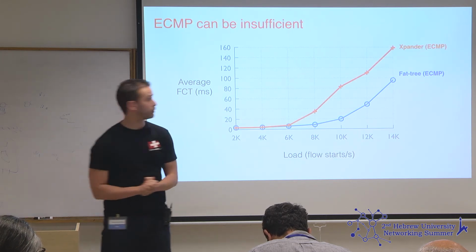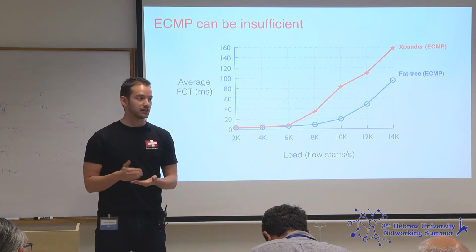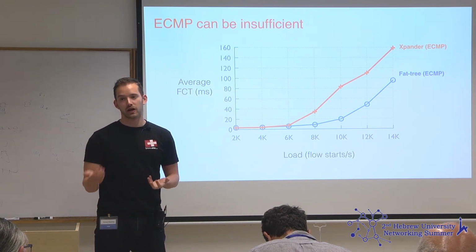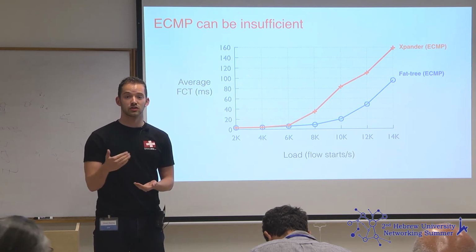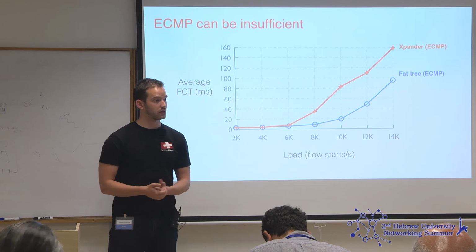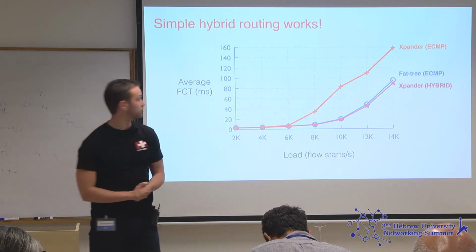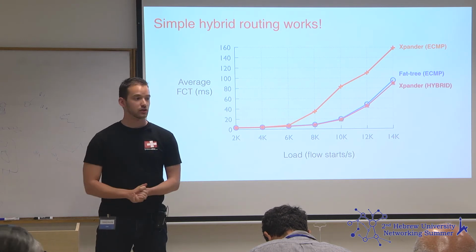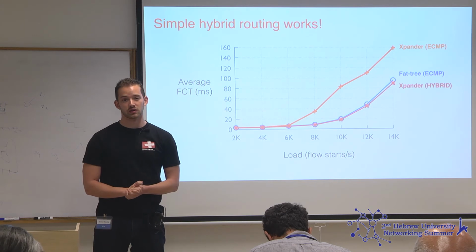Then we have the expander, which uses ECMP. You can see that at low load, using only ECMP, so shortest paths, is a viable option, but it very quickly creates bottlenecks. As such it performs poorer than the fat tree specifically. And the expander using hybrid, specifically because of the advantages of VLB, is able to achieve a performance similar to the fat tree.